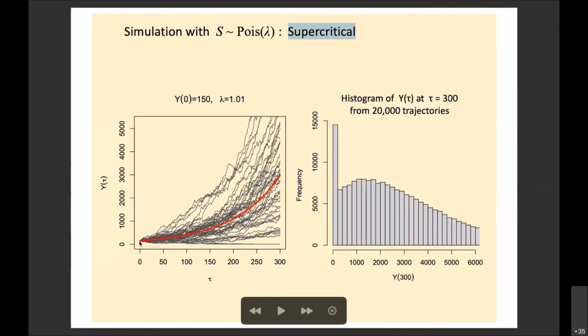If I run a supercritical case as a simulation and draw a histogram at some later time, I find that the histogram consists of 2 parts. There's a nice smooth distribution, and there's a spike at 0. The spike at 0 is basically any of these trajectories that went extinct.